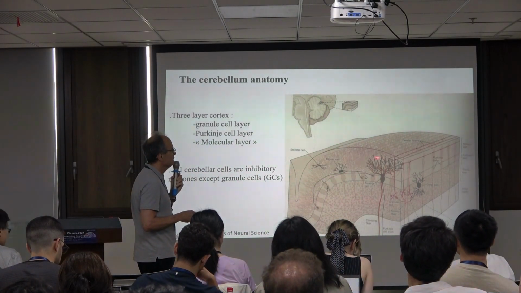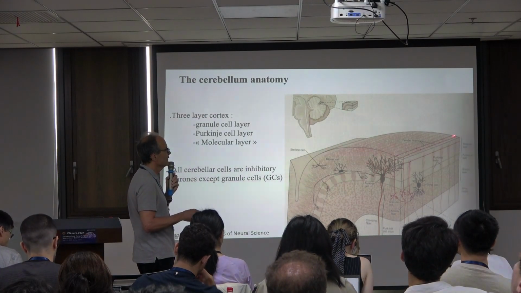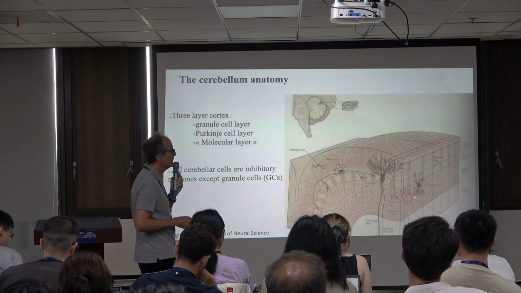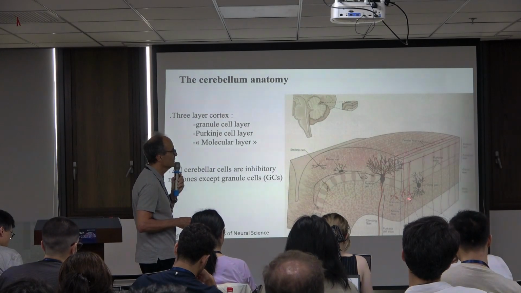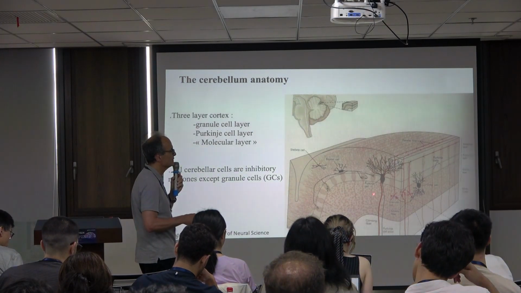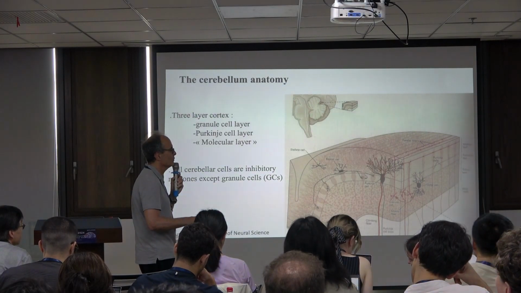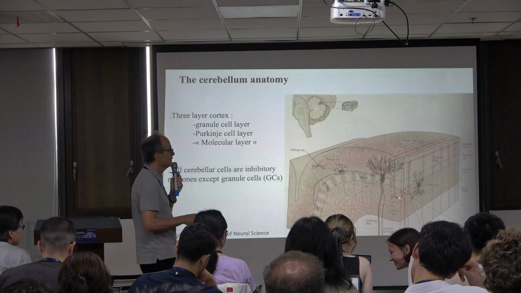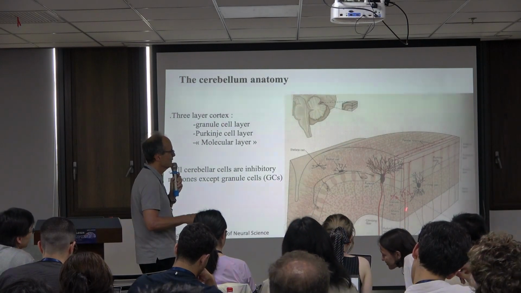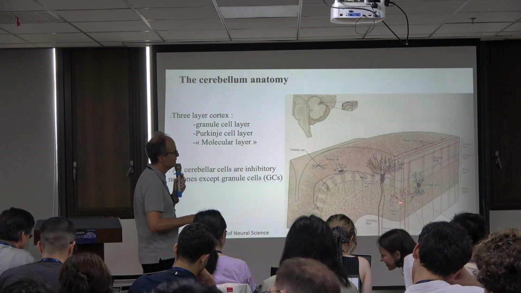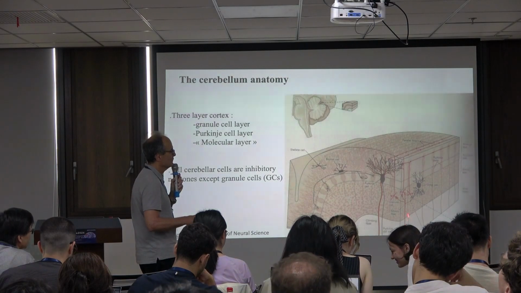Here you have this Purkinje cell, and you have this parallel fiber. These parallel fibers are the axons of the granule cells. Remember, these granule cells are this very numerous layer that receive all these inputs from the body, like sensory and proprioceptive input. So here you have this.